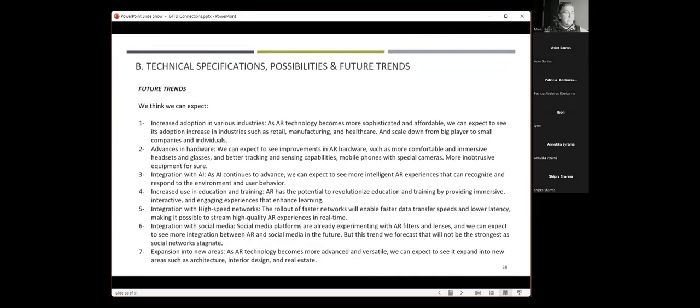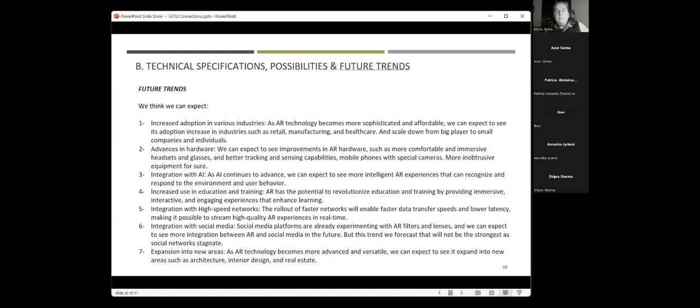What we can expect: increased adoption. AR will become more sophisticated and a commodity, as I say. Hardware, we need a moment, a Surf Star moment that will bring the hardware from hundreds of dollars to a few dollars.